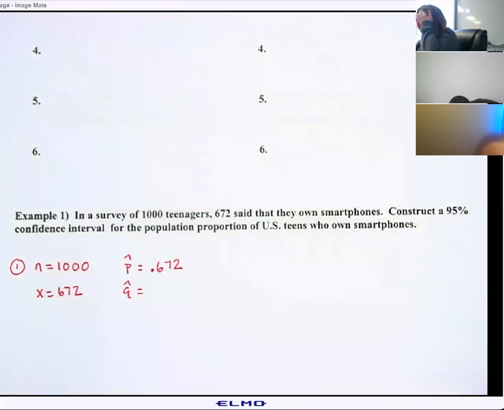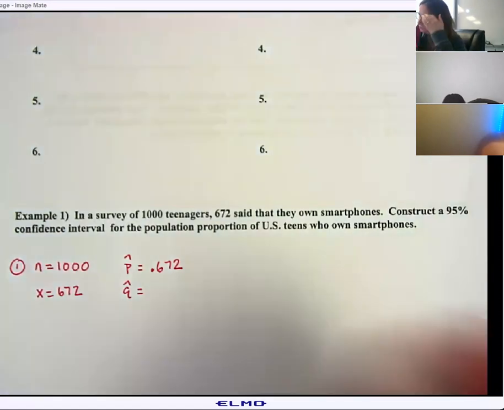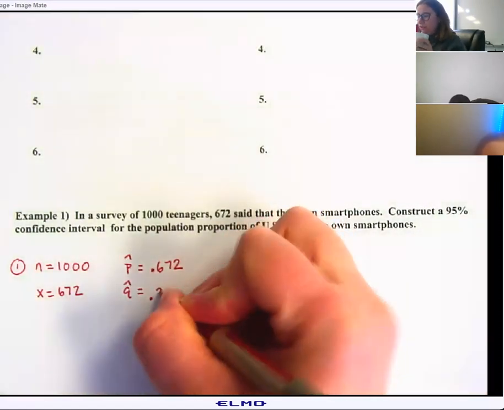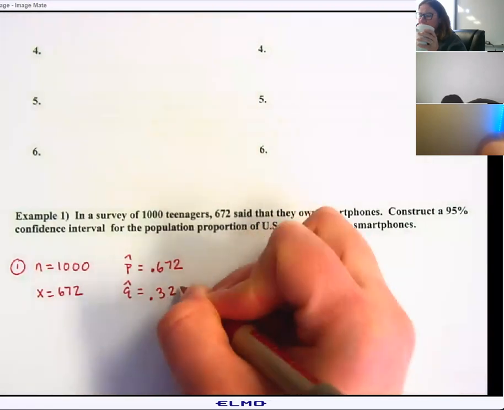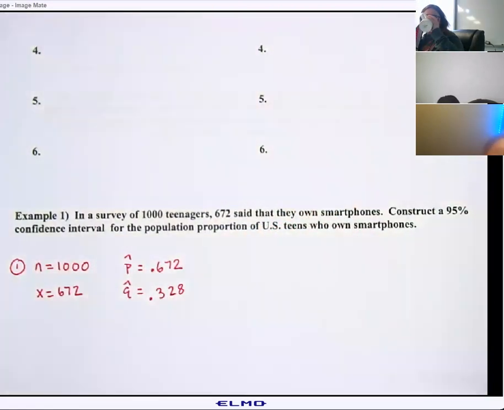Now how do we find out what Q hat is? Right, 1 minus that. 0.328, is that right? Yeah.